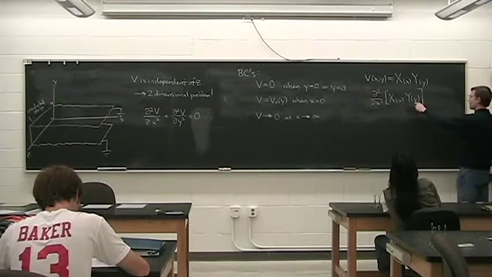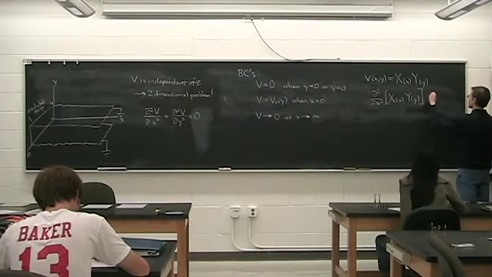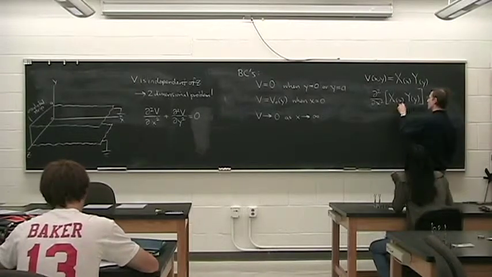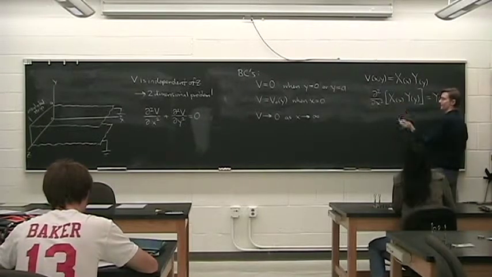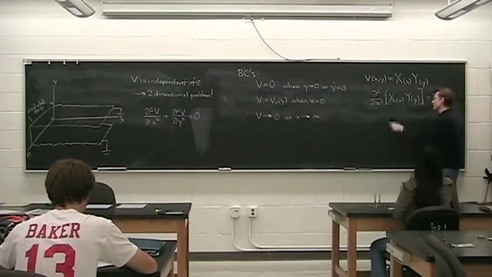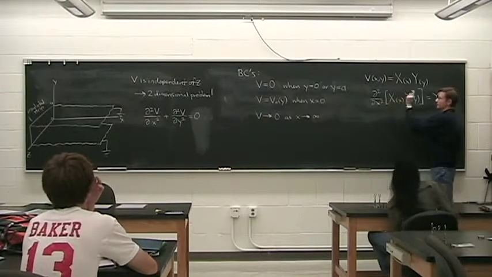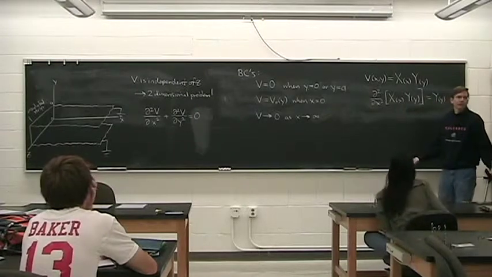Y of y is treated as a constant here, so that's just going to be Y of y multiplied by, well now capital X only depends on one variable, x, so when you take a partial derivative of something that only has one variable in it, it's just an ordinary derivative.